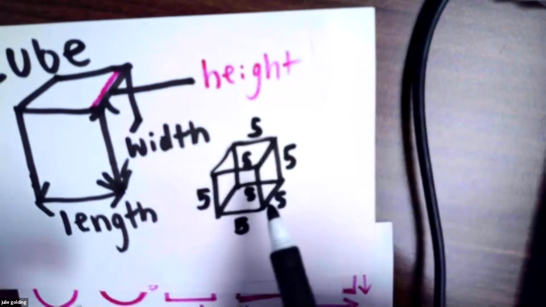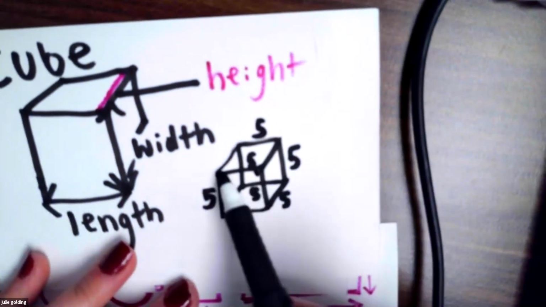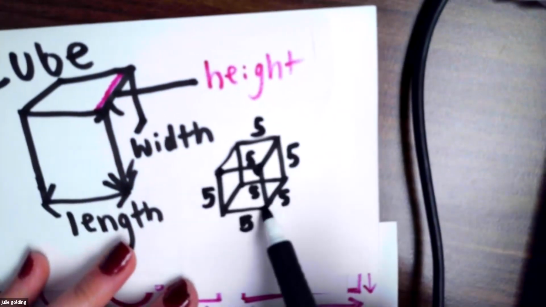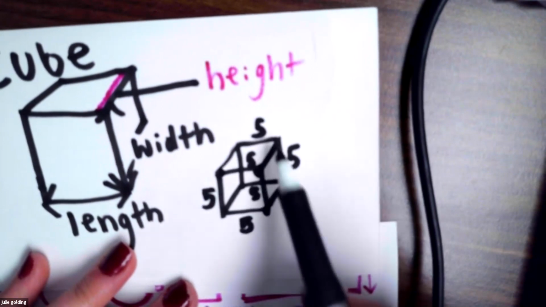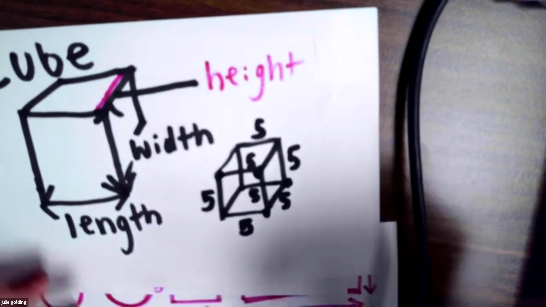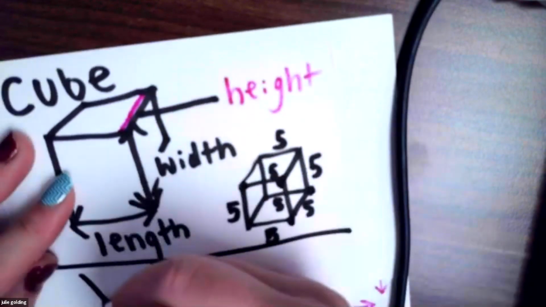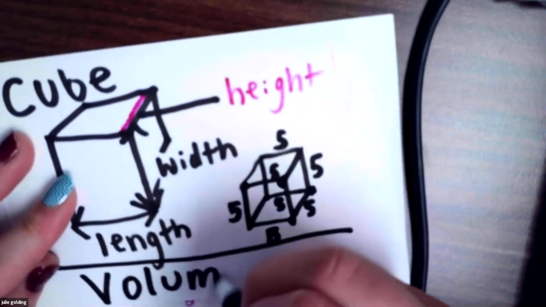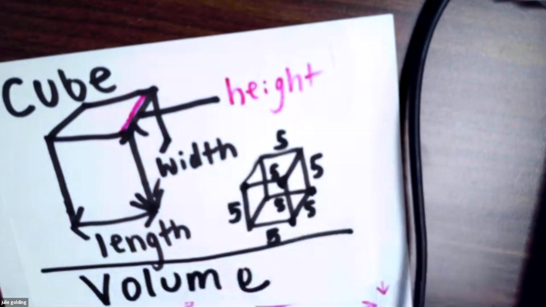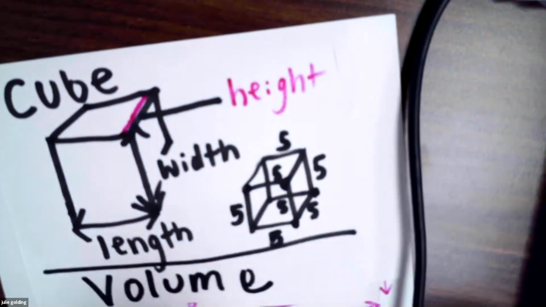Or this could be a different number, but all these sides from here to here to here are the same. To find the cube measurements, we call this volume. Volume.